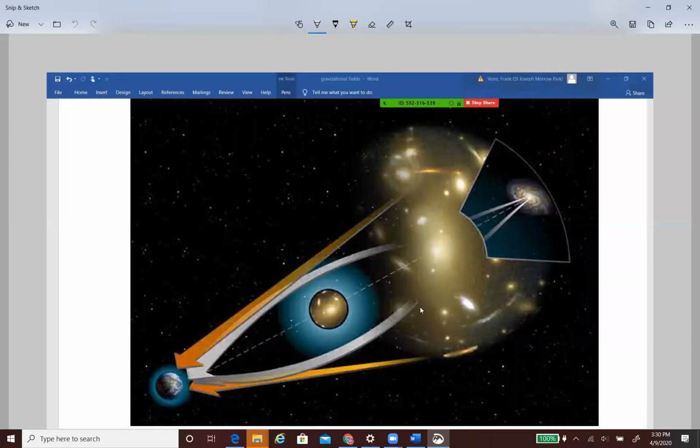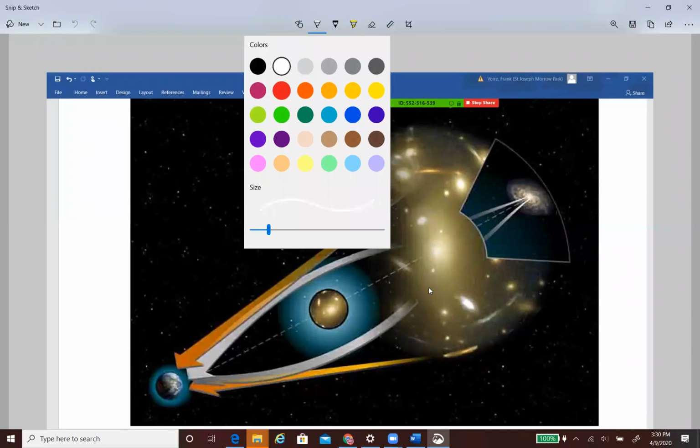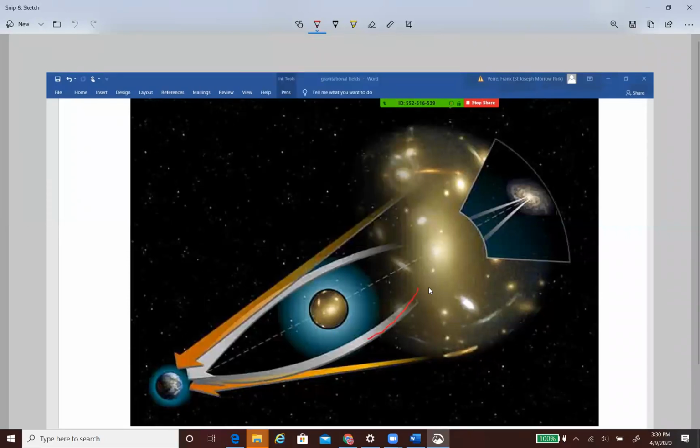Now, because the black hole creates a bend in space and in time, by the way, when the light comes from these objects behind the black hole, it simply follows the curved path created by the bend in space by the black hole, right?